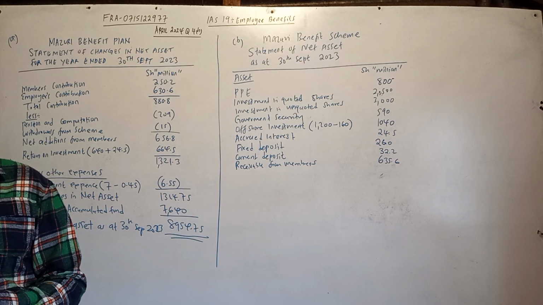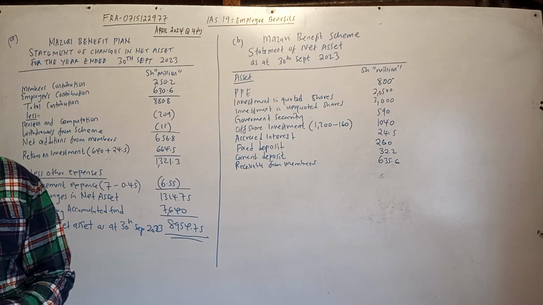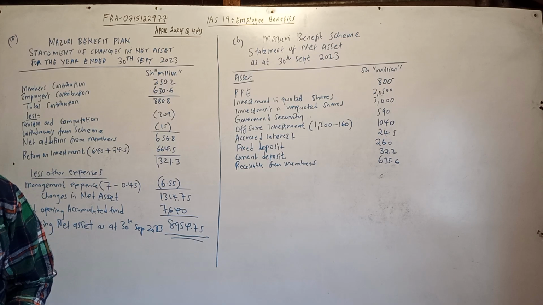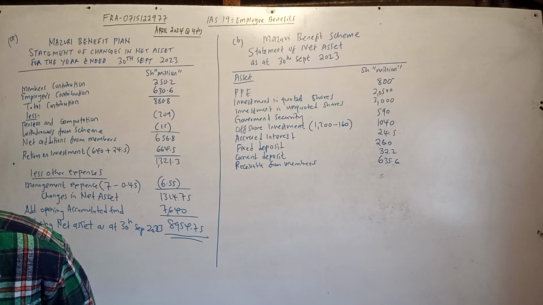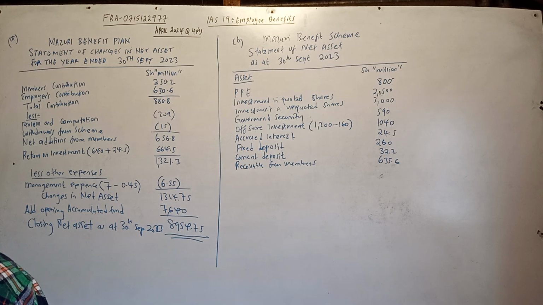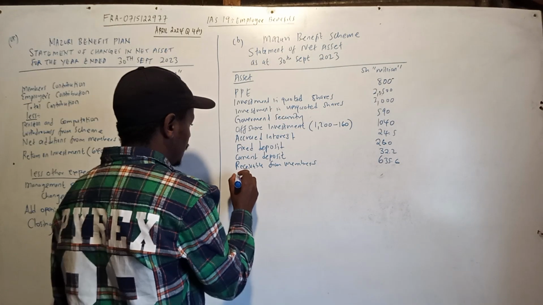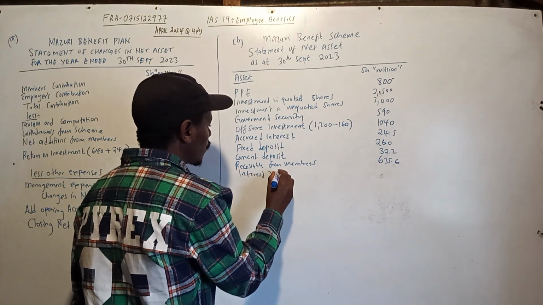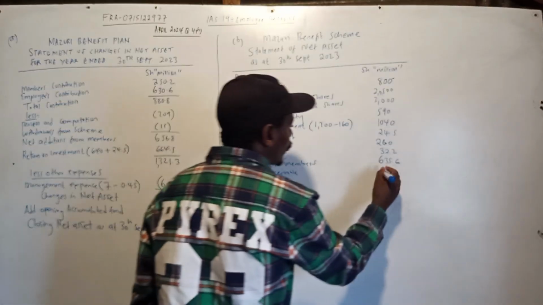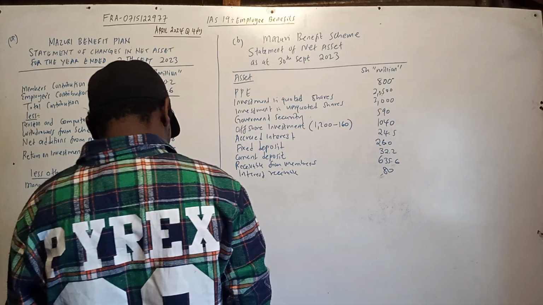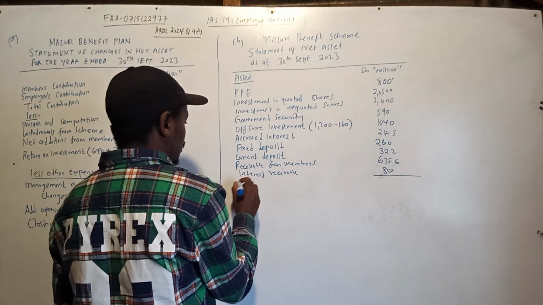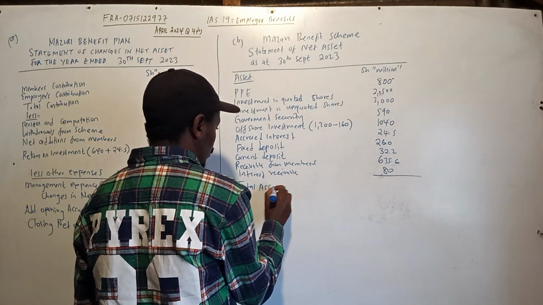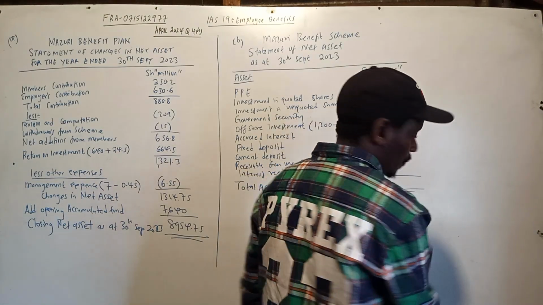Then you have interest receivables. Do we have the interest? Sorry, let me go back. Yes, interest receivables. The first item that will balance is 80. I think that is all. Then when we add them together, we get the total assets. Let us confirm the total assets together.